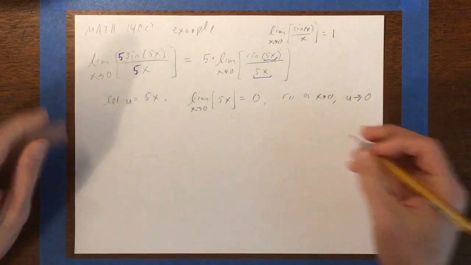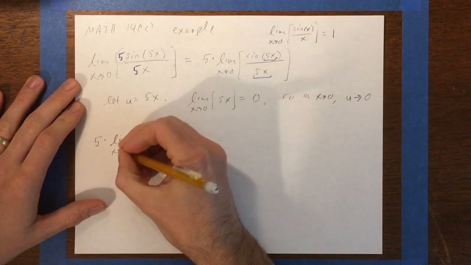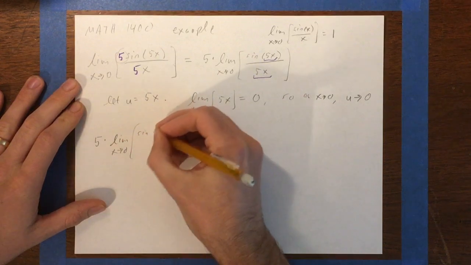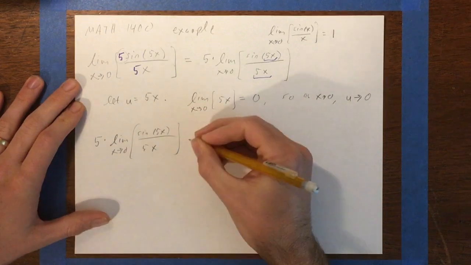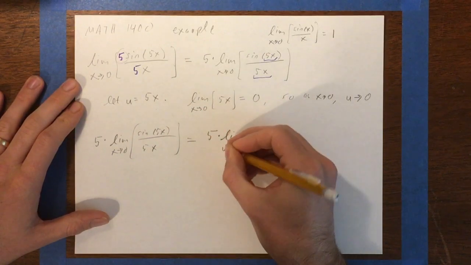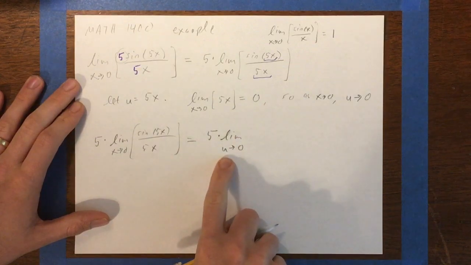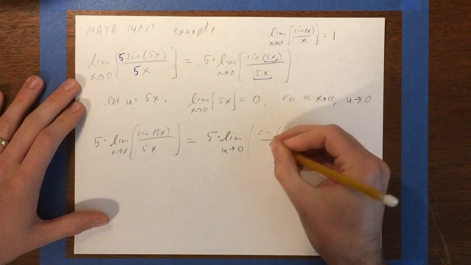So now what we can say is that 5 times the limit as x approaches 0 of sine of 5x over 5x is the same as saying 5 times the limit as u approaches 0, notice the change of variable, of sine of u over u.